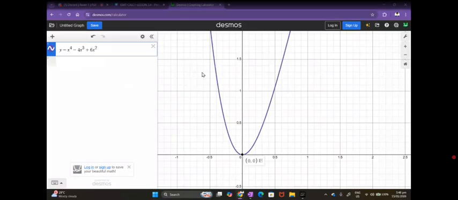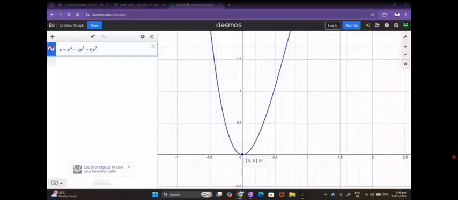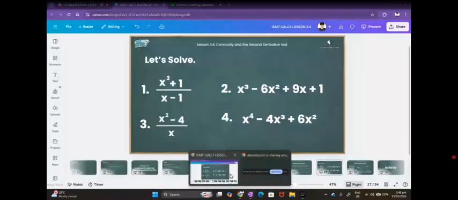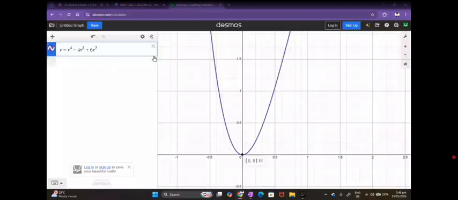Ayun lang ang pagkuha ng second derivative test. Concave upward siya. Pataas siya, di ba? Happy smile. Upwards.